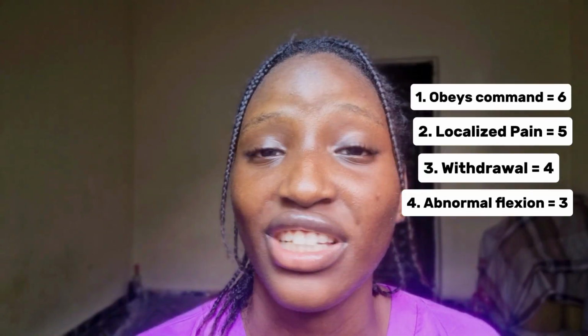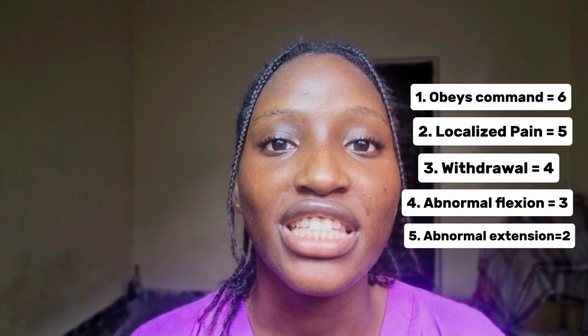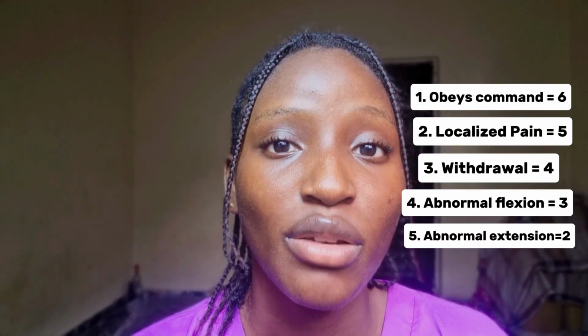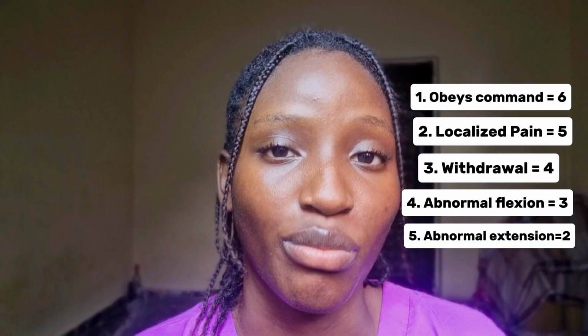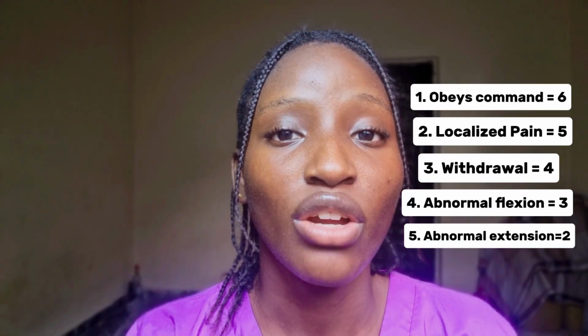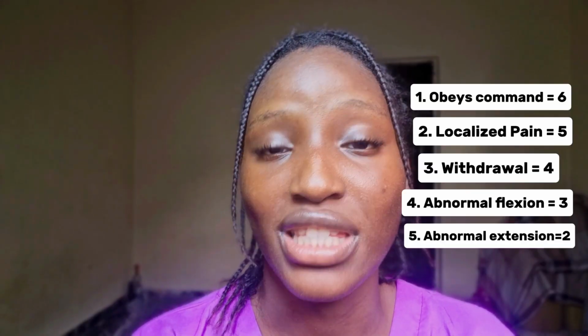Then the next action is abnormal extension. For abnormal extension, your patient extends his or her arm and then moves it away from their body. Extends the arm, moves it away, and then internally rotates the arm.